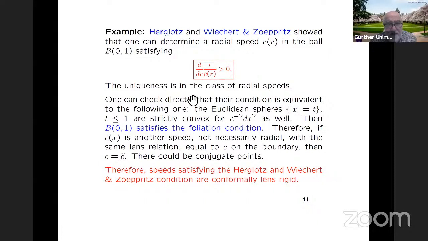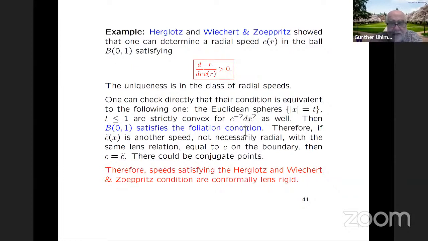But this is a uniqueness result in the case of radial speed. But this is really, though a mysterious condition, in fact a geometric condition. You take the standard spheres, with respect to the standard metric, they are strictly convex. Obviously, the spheres are strictly convex. But this condition means that they are strictly convex with respect to this metric as well.